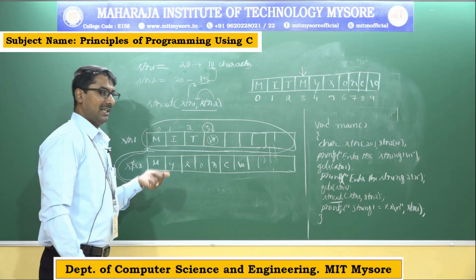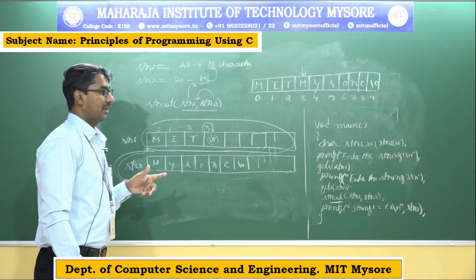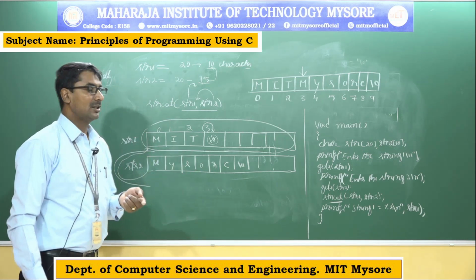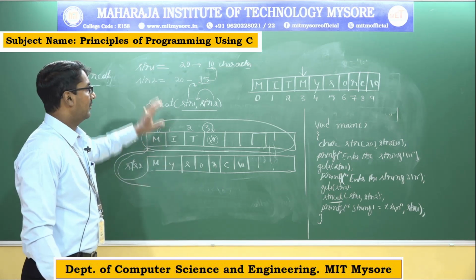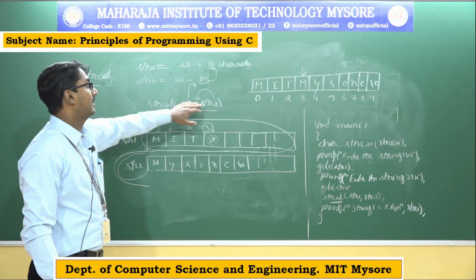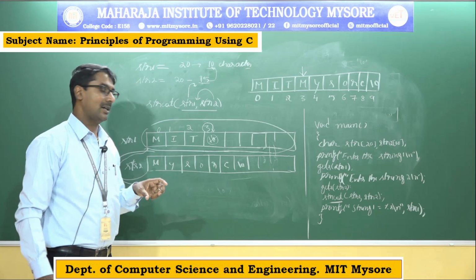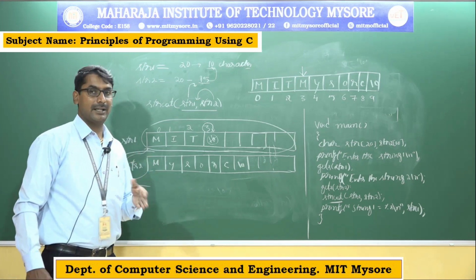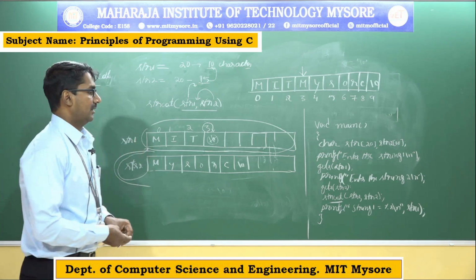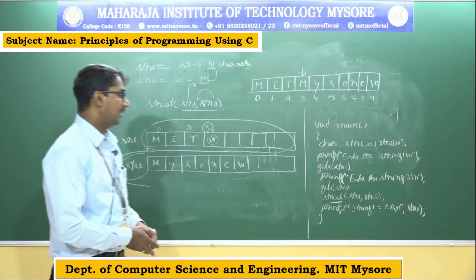So when you perform string concatenation, str1 size must be greater than str2 size. If sufficient space is not available, it will truncate the remaining characters or it can return an error message. So here we perform string concatenation by using a built-in function.